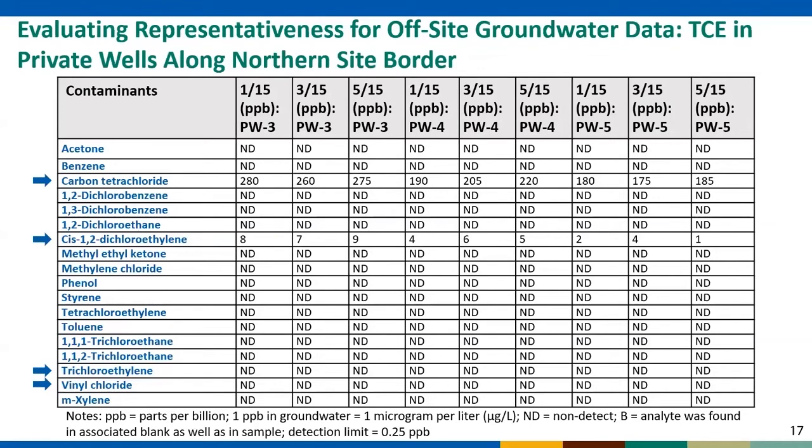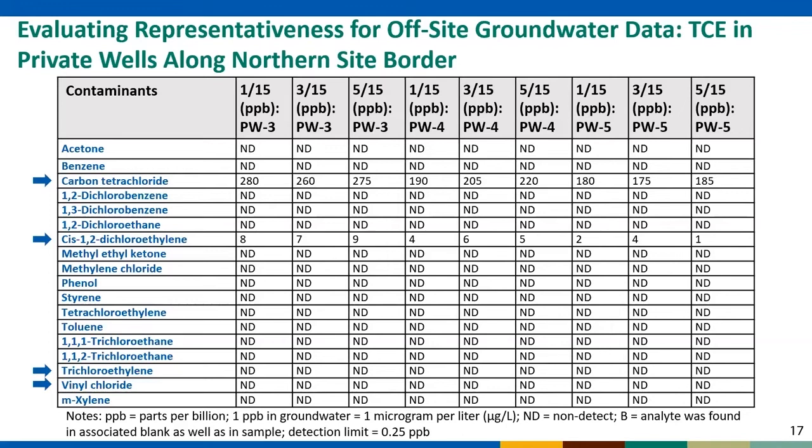There are arrows pointing to carbon tetrachloride, cis-1,2-dichloroethylene, trichloroethylene, and vinyl chloride to bring those to your attention. These data tell us that carbon tetrachloride and cis-1,2-dichloroethylene are present in wells. However, there are no detections of vinyl chloride or TCE. These data are relatively consistent with the on-site groundwater monitoring data.